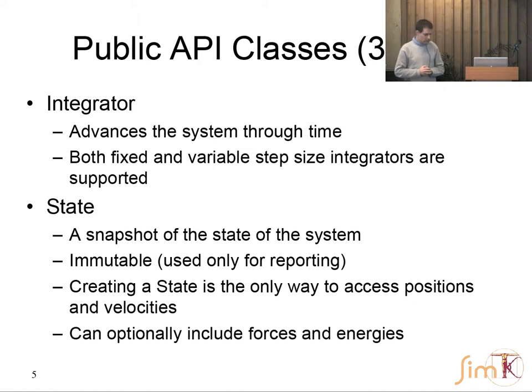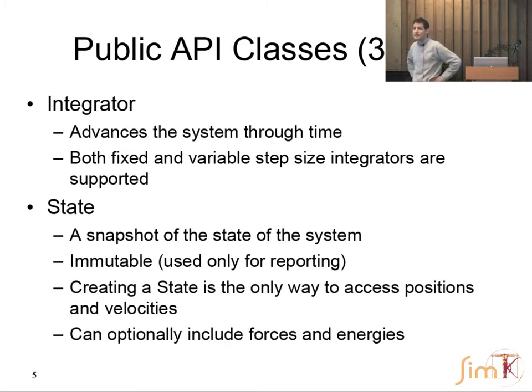And there are important reasons that we chose to implement it this way, because especially when you're working on a GPU, but also in other situations like working on a cluster, retrieving this information could be very expensive.